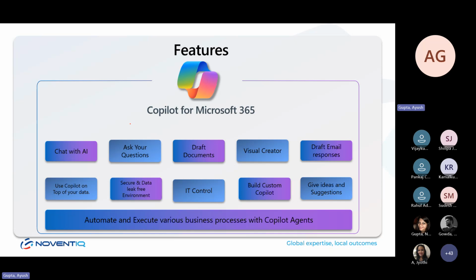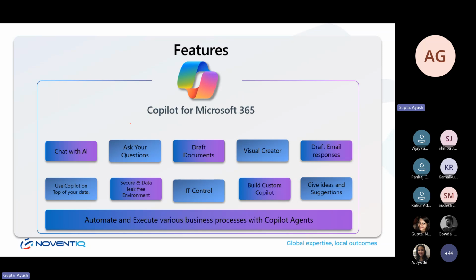Build custom Copilot. Copilot also provides that functionality where if an organization wants to achieve some custom use cases or business processes, they can create a custom Copilot. Copilot will also give you ideas and suggestions. Let's suppose you want to work on a marketing campaign and get the latest ideas as per the industry, you can ask Copilot to give you those ideas and suggestions.